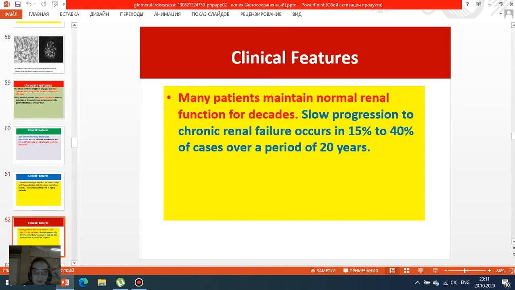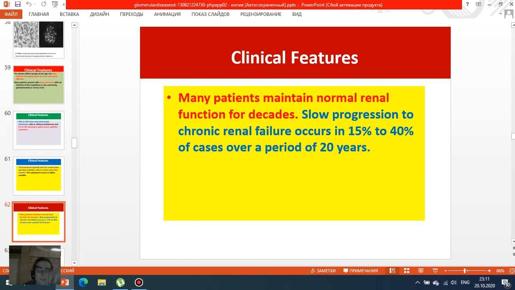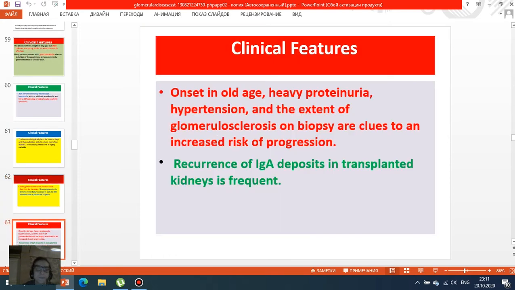Many patients maintain normal renal function for decades. Slow progression to chronic renal failure occurs in 15 to 40% of cases over a period of 20 years. Onset in old age, heavy proteinuria, hypertension, and the extent of glomerular sclerosis on biopsy are associated with an increased risk of progression.